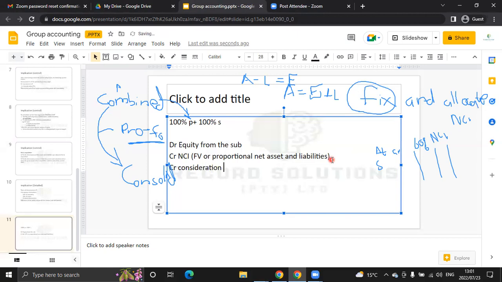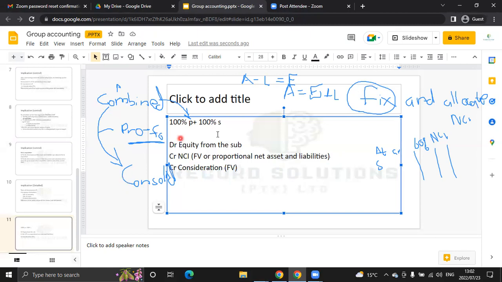And what is this consideration? You're going to credit this consideration at fair value, right? So the consideration that you paid at acquisition, that's what you credit after the NCI. You credit the consideration, and don't forget this consideration.